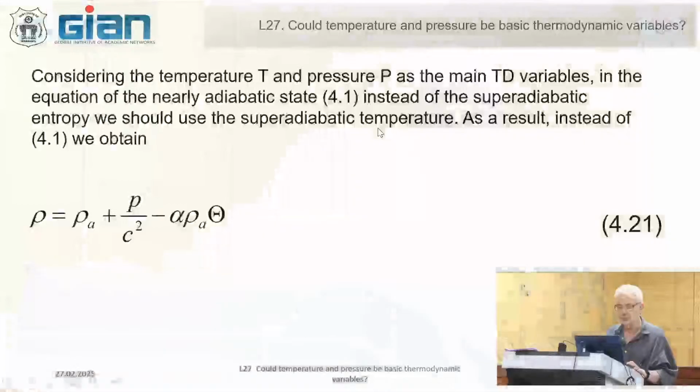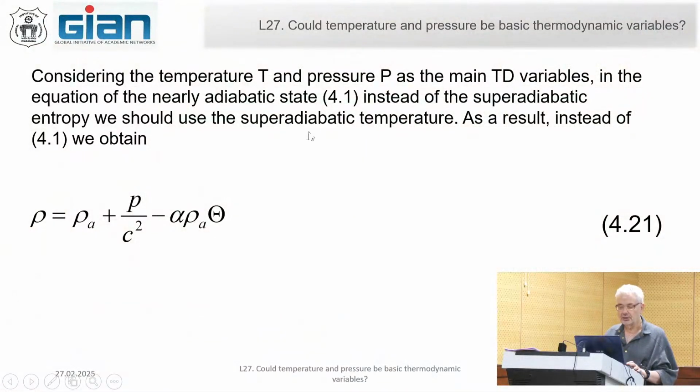And again, in short, we consider the temperature T and pressure P as the main thermodynamic variables in the equation of the nearly adiabatic state, which could be referenced as 4.1. Instead of superadiabatic entropy, we should use the superadiabatic temperature.